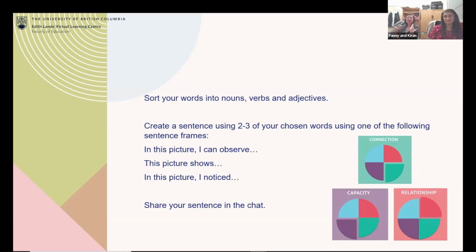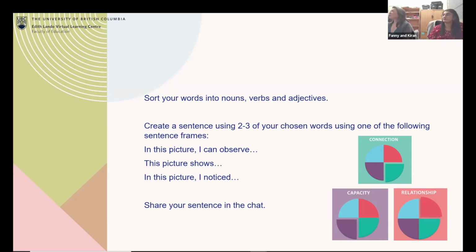And now we're going to create a sentence. And we've provided some sentence stems for you to start. In this place, I can observe. This picture shows. In this picture, I noticed. If you could use some of the words that you wrote down on your paper and finish those sentences, and then share your sentence in the chat.